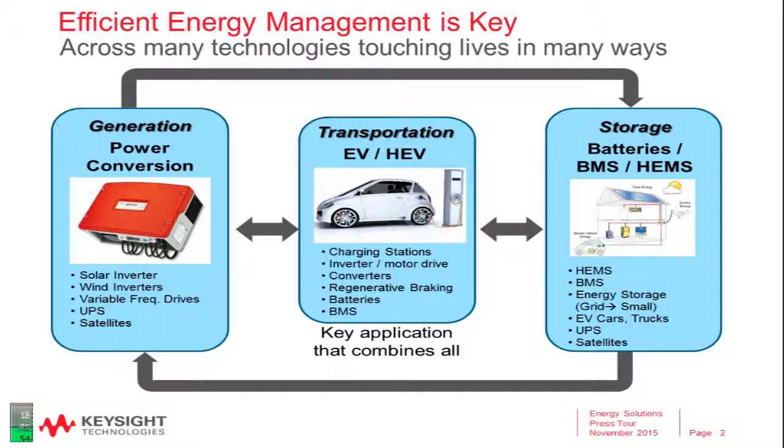It also has to be able to recover power from regenerative braking. So an electric vehicle is an example of power generation technology combined with power storage technology. And of course, electric vehicles is an important emerging technology in today's world. So, energy efficiency is very important to make best use of these technologies.